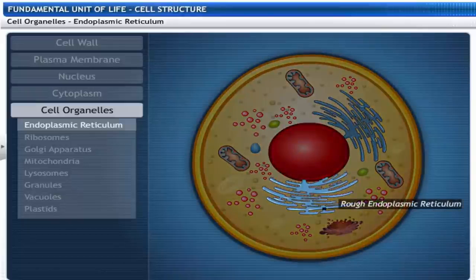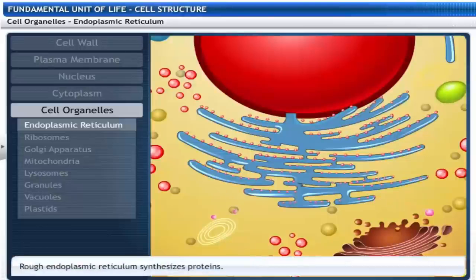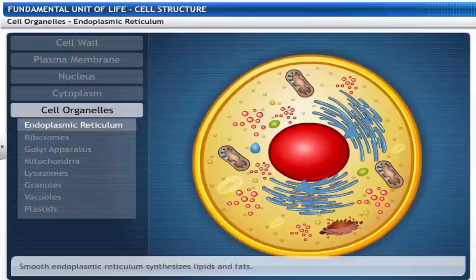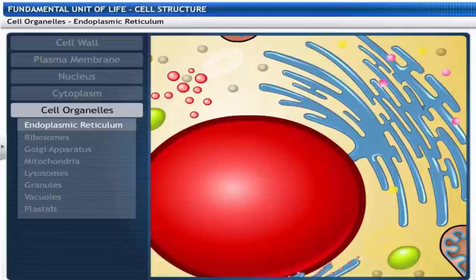Rough endoplasmic reticulum has ribosomes present on it, while they are absent on smooth endoplasmic reticulum. Rough endoplasmic reticulum synthesizes proteins, while smooth endoplasmic reticulum synthesizes lipids and fats.